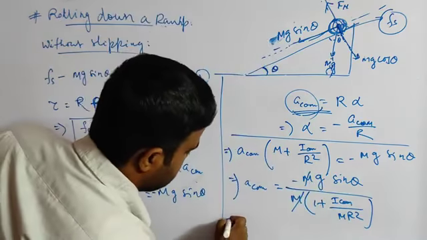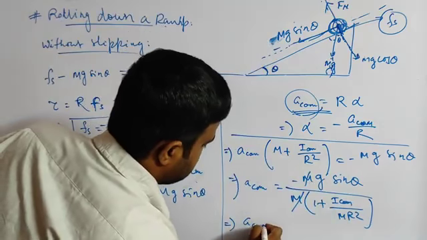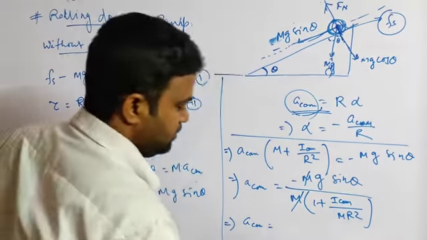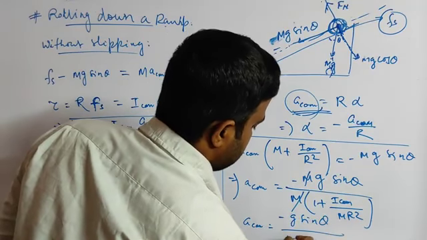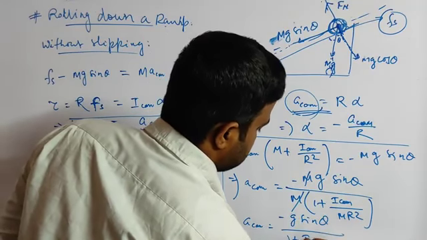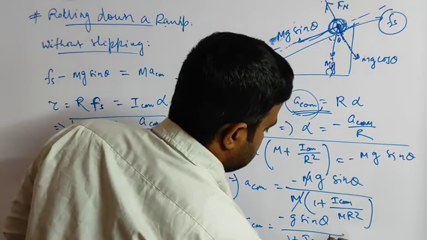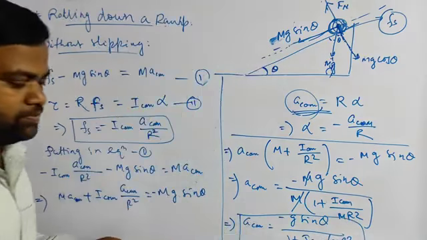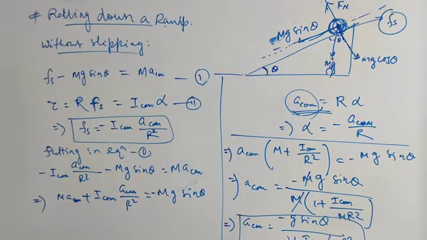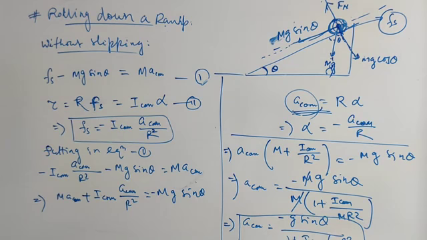So your expression for the acceleration of the center of mass is minus g sin theta by 1 plus I center of mass by mr square. This is the expression for your a center of mass.